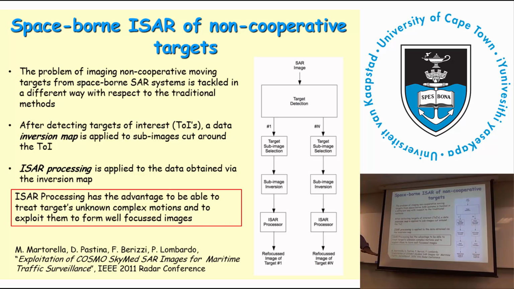Any relative motion of this target hasn't been taken into account by the SAR processor. So that means it's still in here, it's still in that phase. But now you can take care of it. And if you remove it and form another image via an FFT, then you should get a refocused version of your target. Simple, isn't it? Very simple concept.